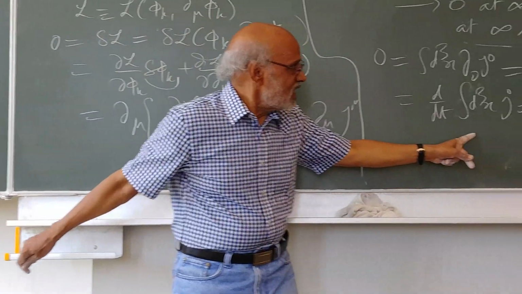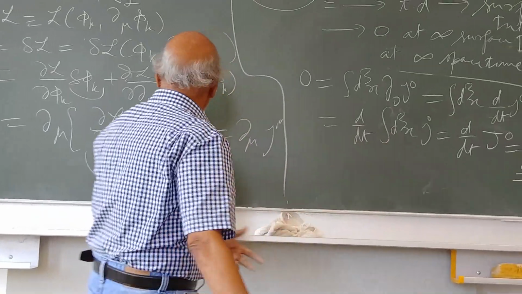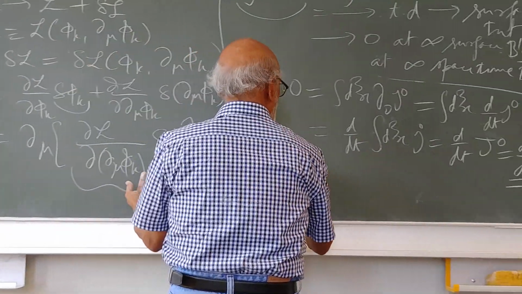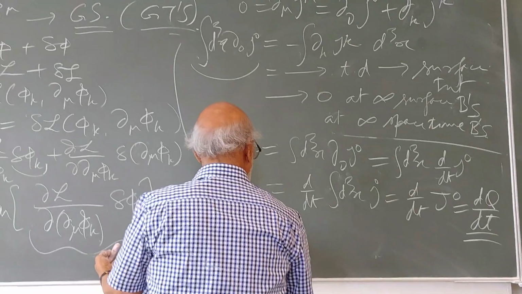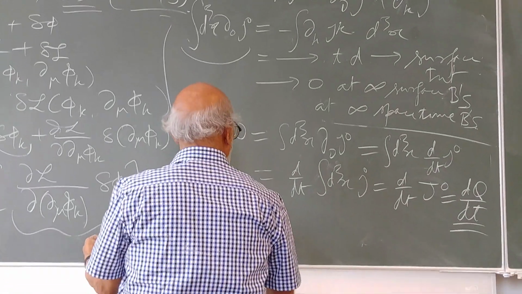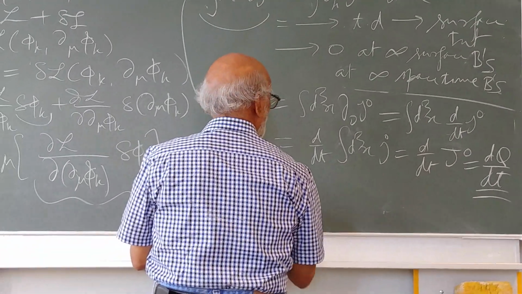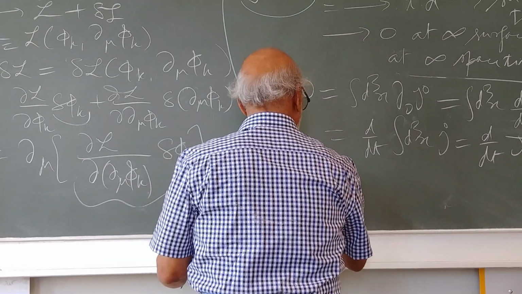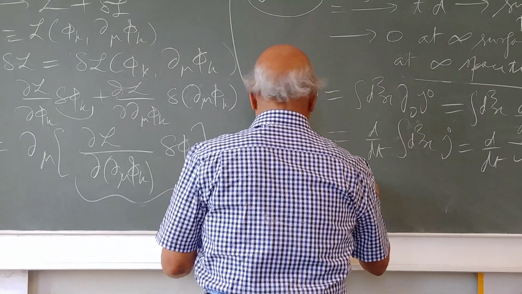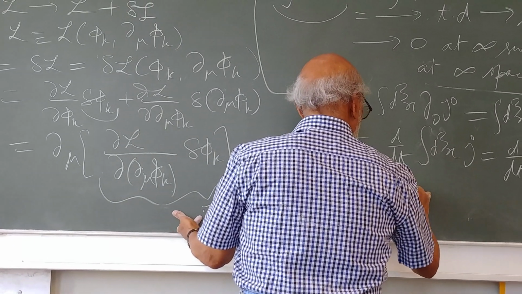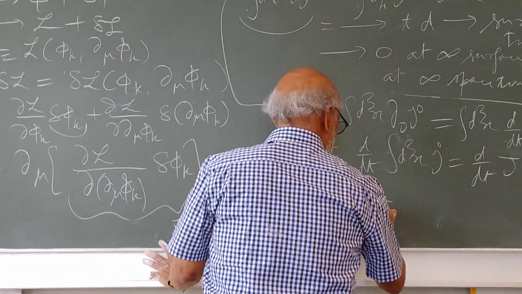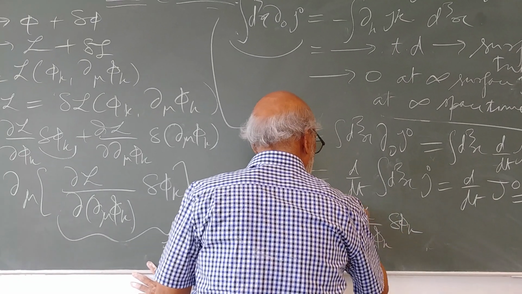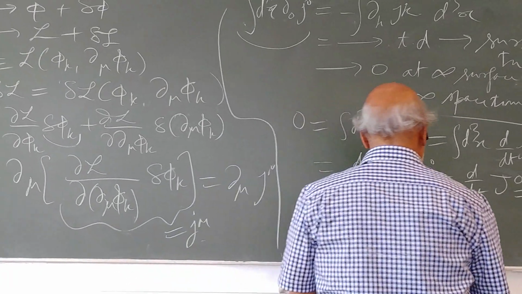This charge operator, this is here my J mu, J mu is del L over del mu phi k, delta phi k, summation over k.